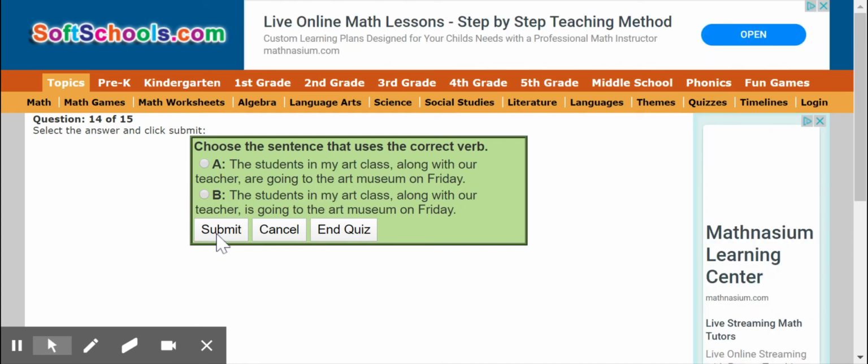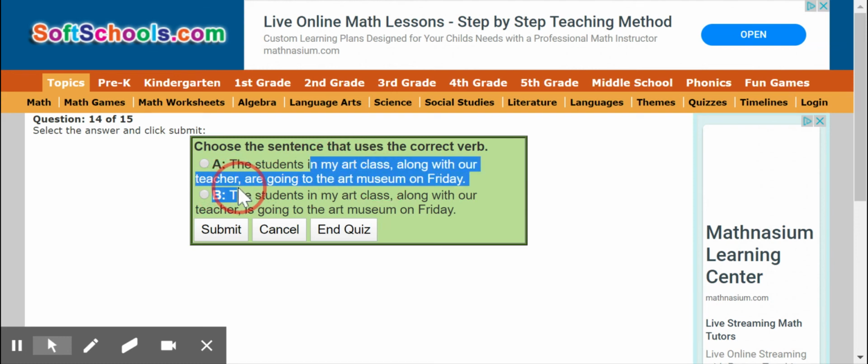All right, the students in my art class, along with our teacher, are going to the art museum on Friday. I hope you're getting good at this now to understand that all of the words from here to here are never going to be part of your subject. Why? In my art class is a prepositional phrase. So the word class would never be part of your subject, along with our teacher, another prepositional phrase.